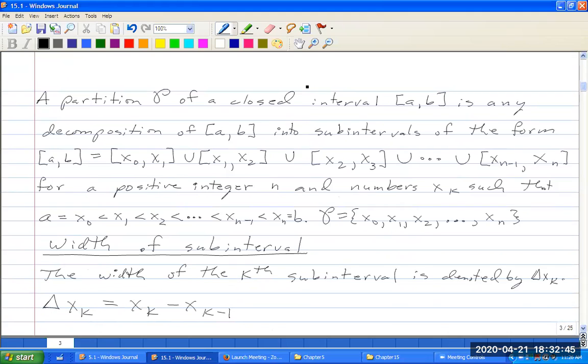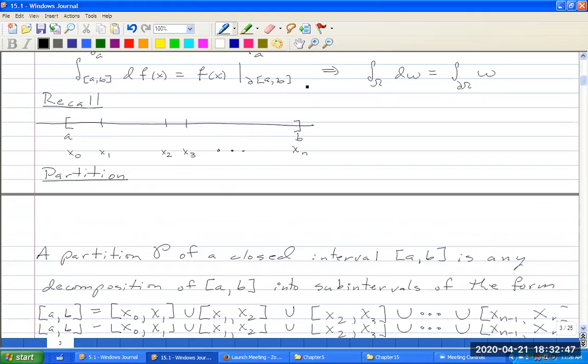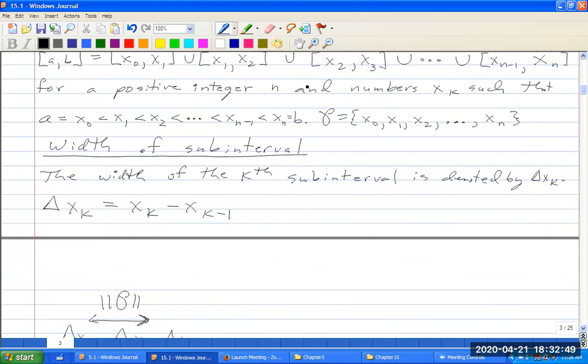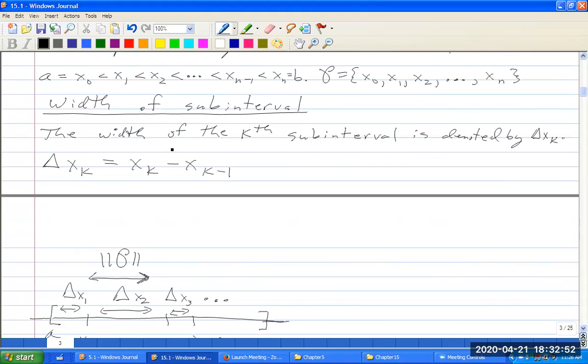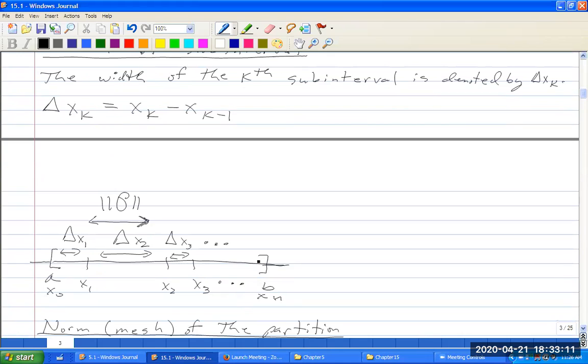The width of the subinterval. The width of the kth subinterval is denoted by delta x sub k, and is defined as x sub k minus x sub k minus 1. So let's look here at the partition of my interval AB into points x0 through xn.